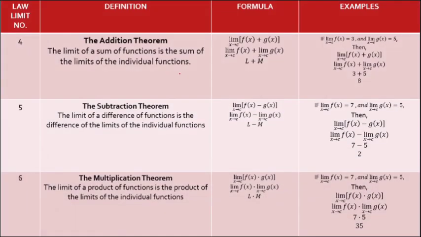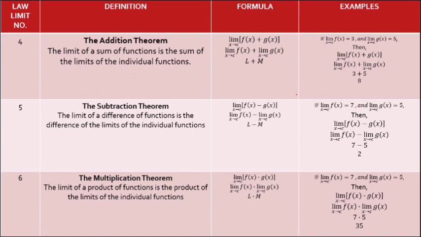Next, law number 4 is the addition theorem. I know you already encountered this in sigma notation, where you separate the terms. It's the same here. We have the limit of f(x) and the limit of g(x), so L plus M. For example, let the first function's limit be 3 and the second one be 5. We separate them, and 3 plus 5 is 8.